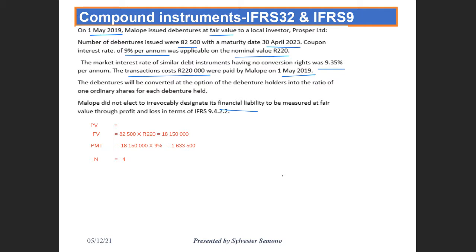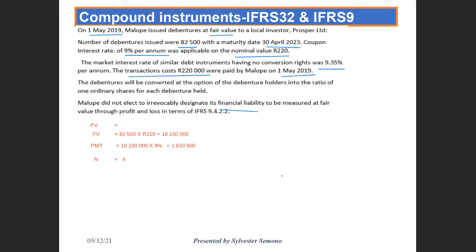Okay. And again, here, remember, we are lucky enough, they gave us the effective interest. So the effective annual interest, according to the information here, let's see, the effective interest is 9 point. Can you see now? That is the market interest rate.